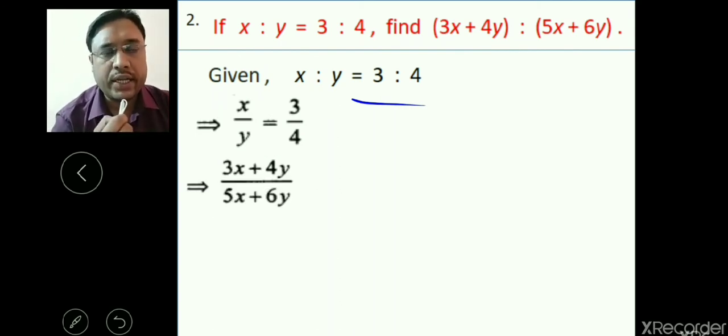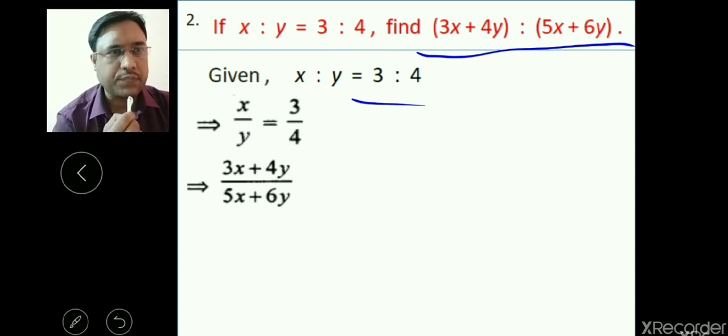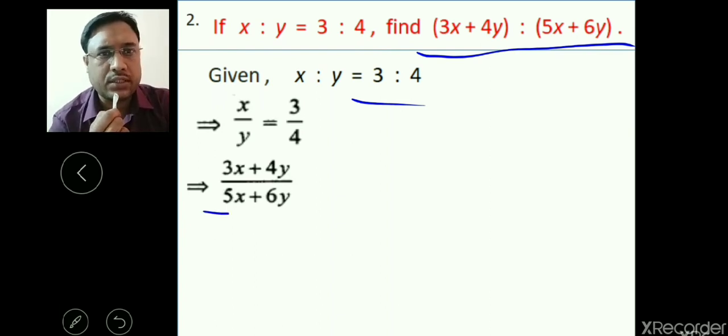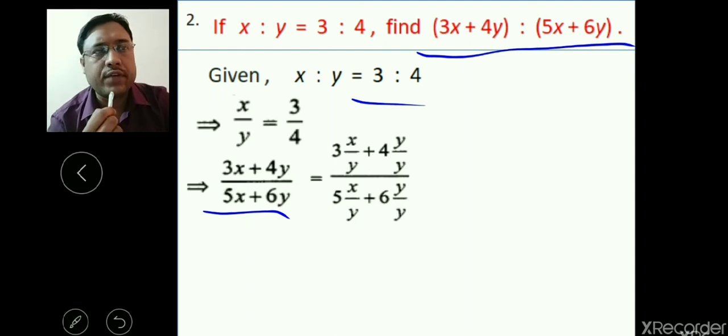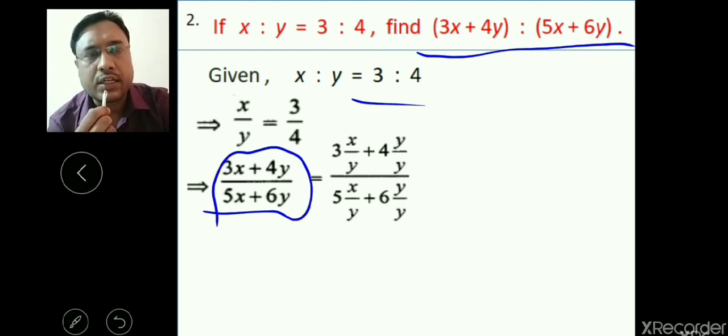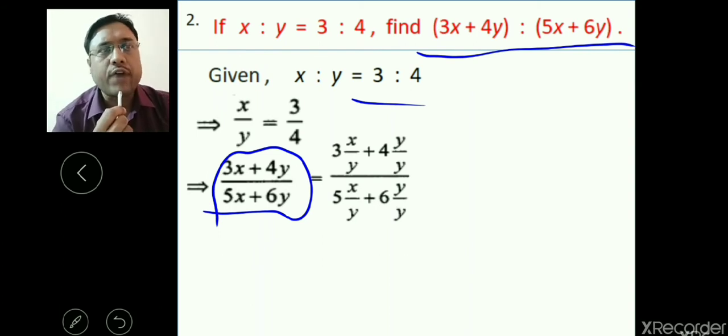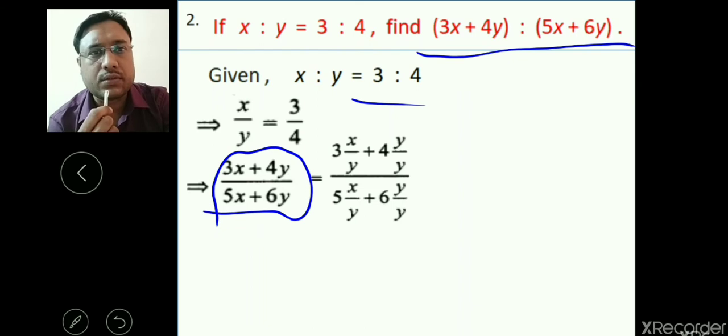So we can write 3x plus 4y by 5x plus 6y. This value we have to find out. Now we are dividing the numerator and denominator both of this ratio by y.